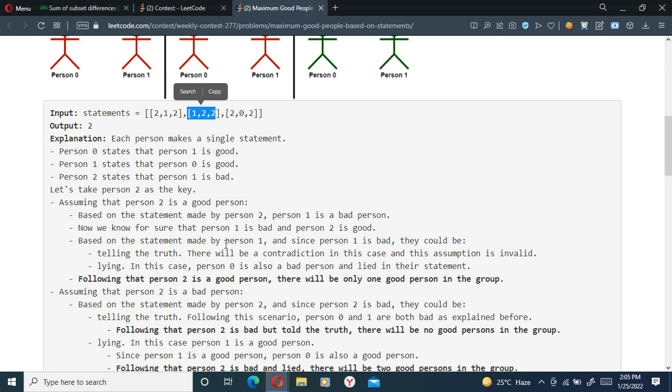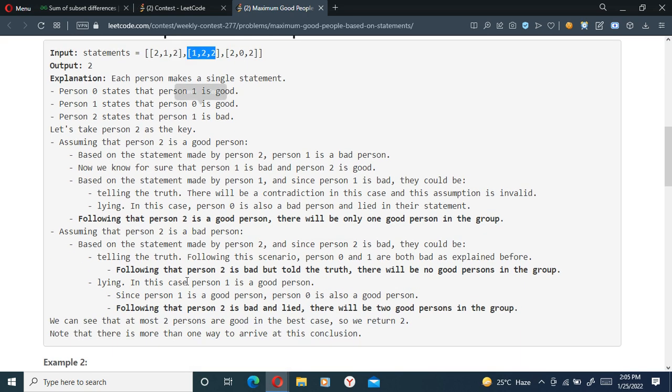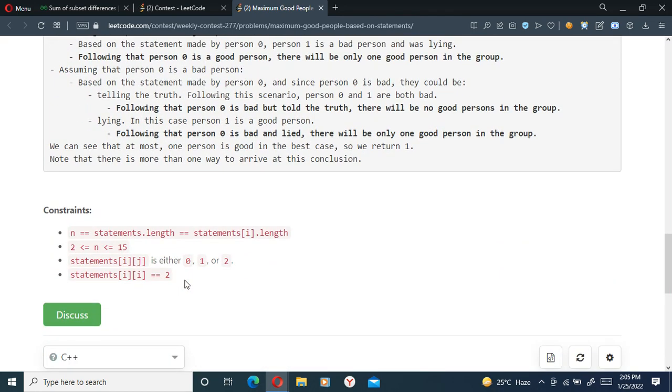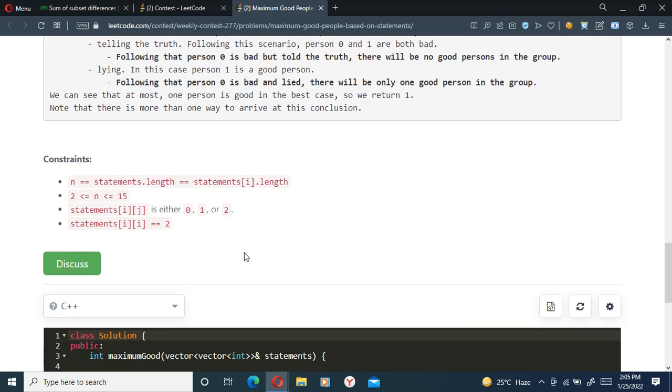This one, statement made by person 1, since person 1 is bad, could be telling the truth. There will be a contradiction in this case, and this assumption is invalid. N is what? 15.